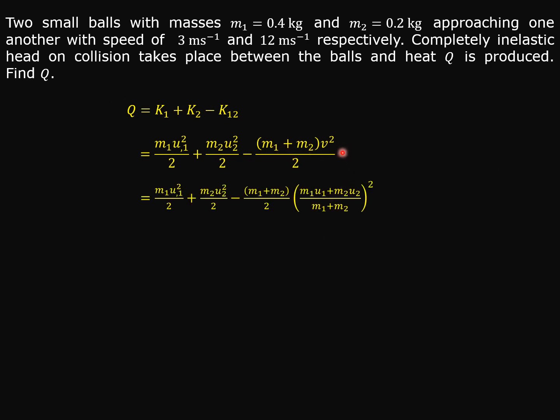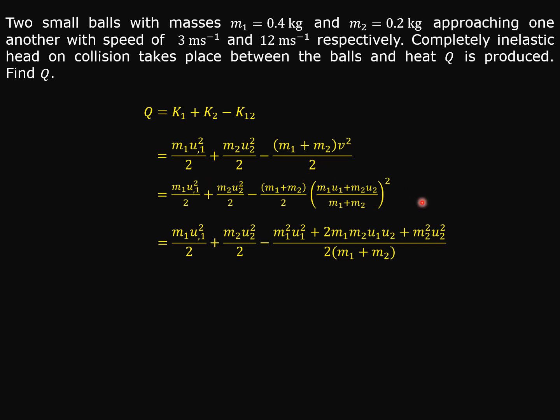The common velocity v of the balls after the collision is given as this expression. As explained just now, it is obtained from the application of the principle of conservation of linear momentum. We have this v in terms of m1, m2, and u1, u2.